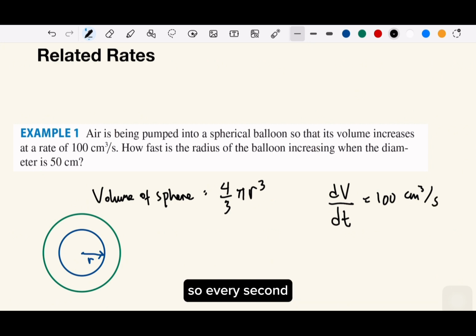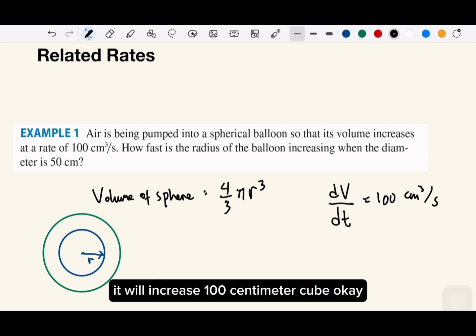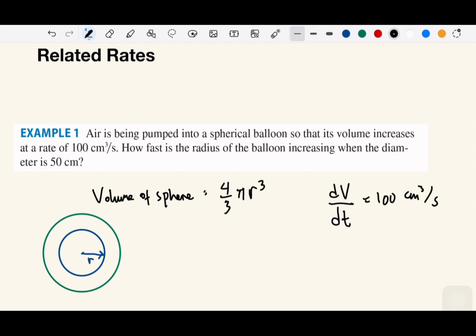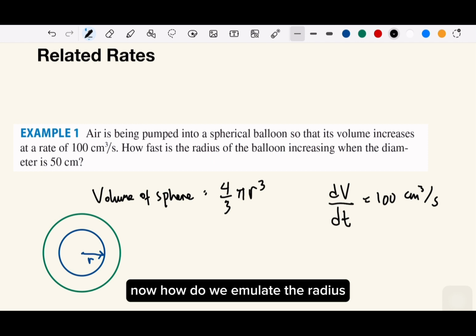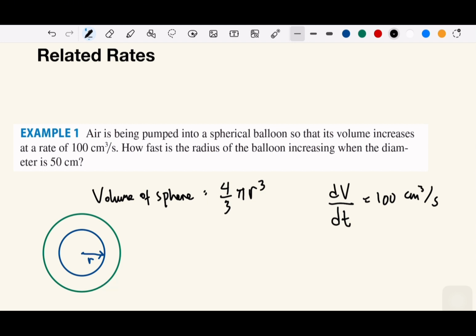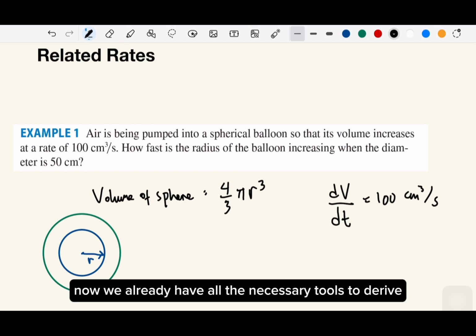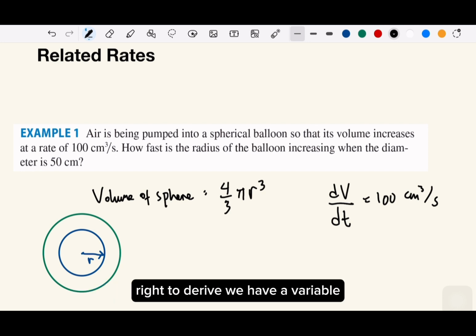So every second, it will increase by 100 cubic centimeters. Now, how do we relate the radius? The radius you can get from this formula, this r cubed. Now we already have all the necessary tools to derive, right? We have a variable, so we let this r be our variable.